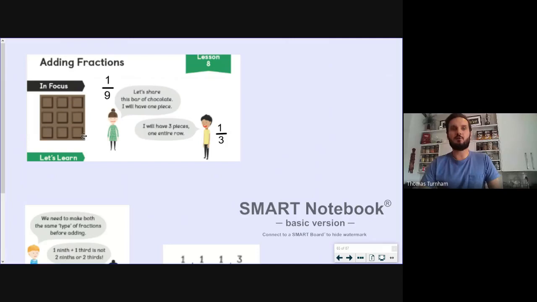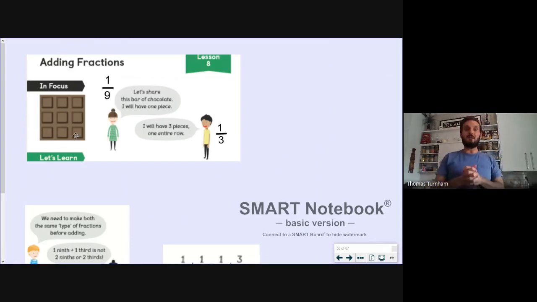The whole bar of chocolate is made up of 9 equal parts. And green dress is having 1 of those parts. Yellow shirt, though, says that he's going to have 3 pieces, 1 entire row. So we could say we've got 1 row, 2 rows, 3 rows. So he's having 1/3 of this bar of chocolate.